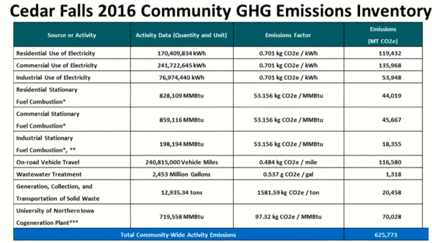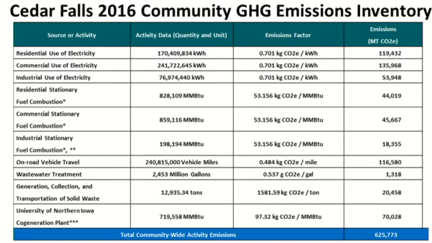So we've got all the data points, and then you have to turn raw data, whether it's kilowatt hours of electricity or million BTUs of natural gas, or vehicle miles traveled in transportation and so forth, into emissions by multiplying by a factor. So that's the third column there, and then total emissions in metric tons of carbon dioxide equivalent are the numbers in the last column there.